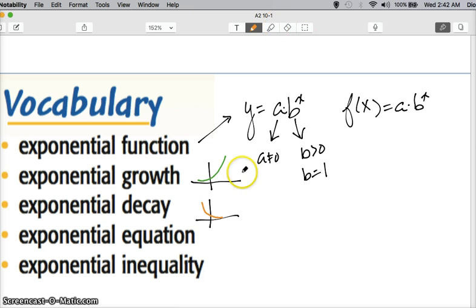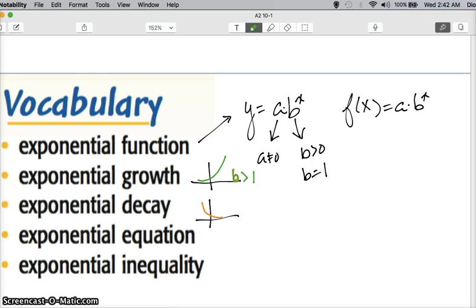So what do these equations look like? Well, the equations for exponential growth functions are going to look just like these. However, the b term will be greater than 1. When I'm taking a number that is greater than 1 and raising the power over and over again, that's going to give me an increase.